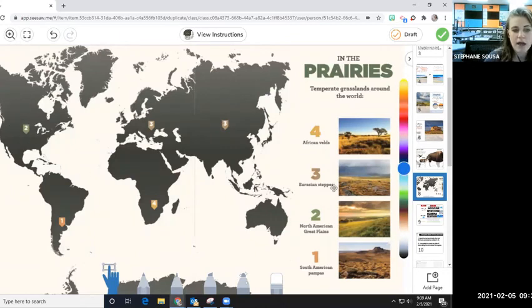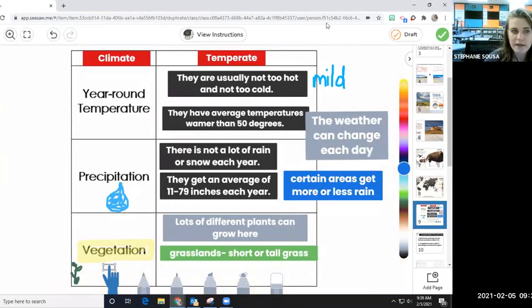This is what a temperate climate would look like in North America. And then down here in South America on the 1, we see the South American pampas, which are also their name for their temperate climates. Okay. So this is where they are located, and that takes us to slide 9, which means we have finished reading all of our information. So we are set and ready to go.